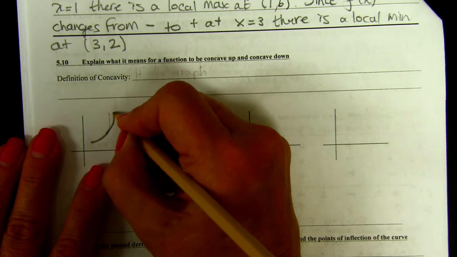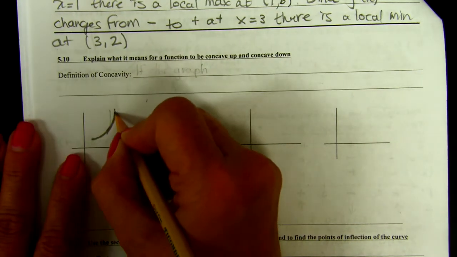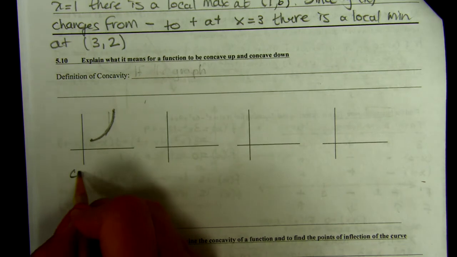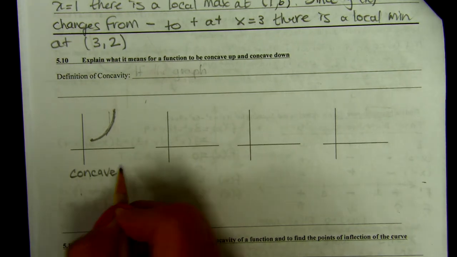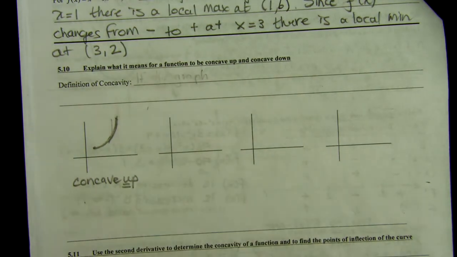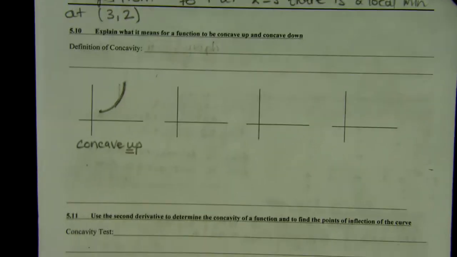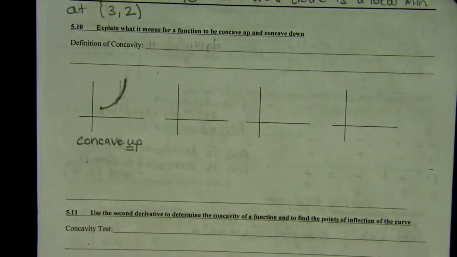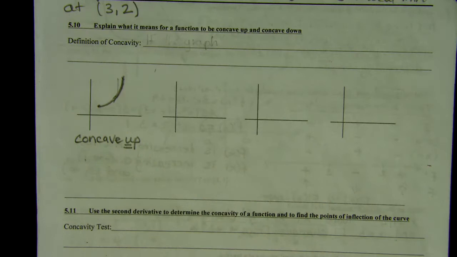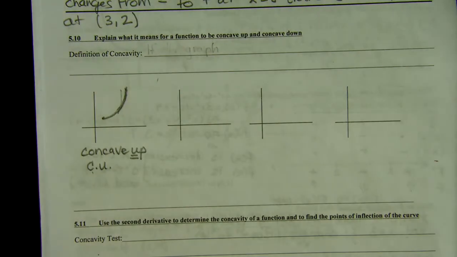This is an example of a piece of a function. It might not be the whole function, but this function is concave up. I remember that by that U right there, kind of like the umbrella is pointing in the U shape. If it's an upside down U, the umbrella is not pointing in the correct shape. We use the abbreviation for that as concave up.